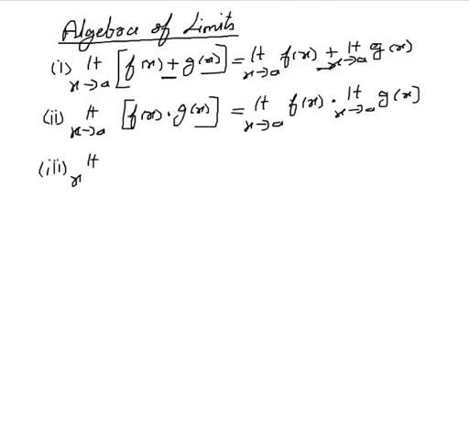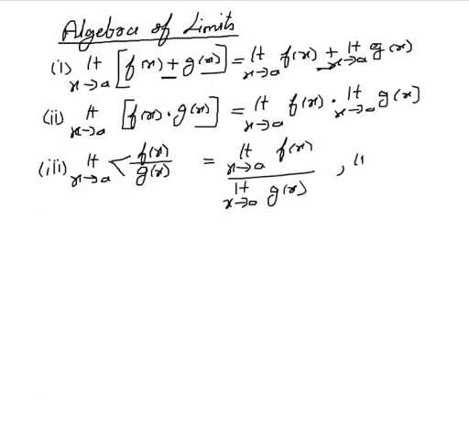The third one, quotient rule, limit x tending to a of f of x divided by g of x. So we can apply the limit for the numerator as well as for the denominator if both of them exist. And here the denominator should not become 0. The fourth point, limit x tending to a of, if you have a constant lambda times f of x, the constants are not affected by the limits.